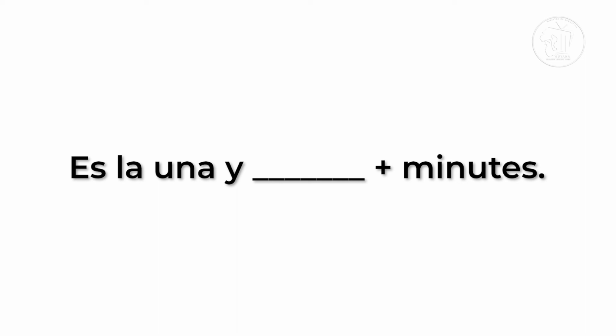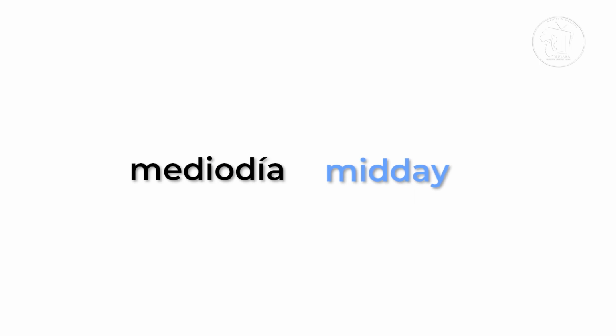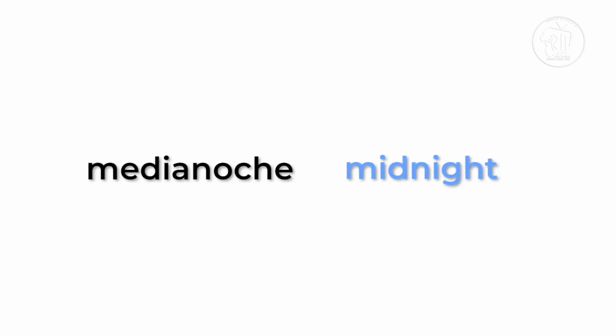For the other 11 hours, you answer son las, and you say the hour. If you want to say noon or midday, in Spanish, you say mediodía. For midnight, you say medianoche.